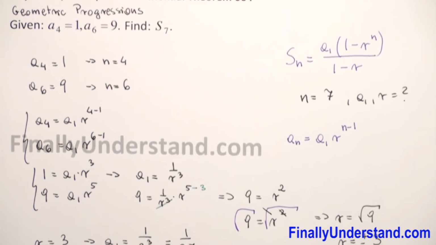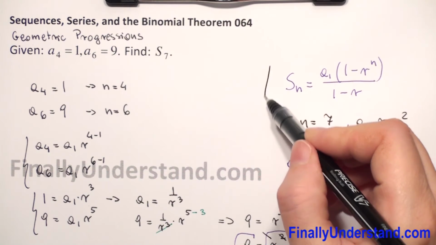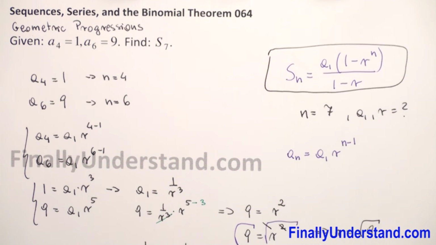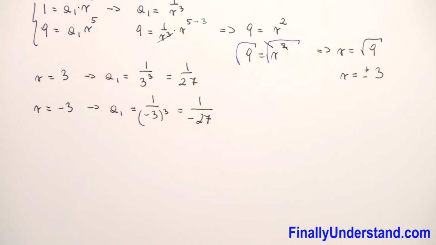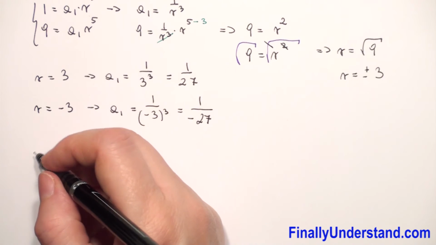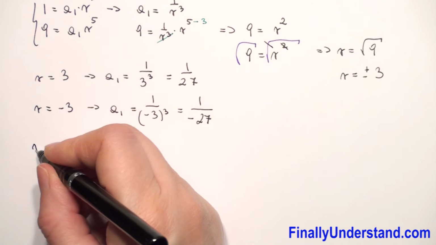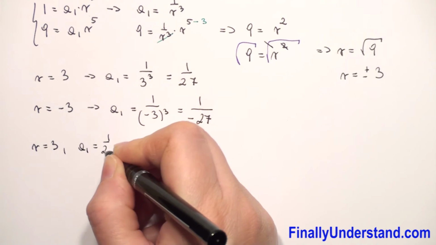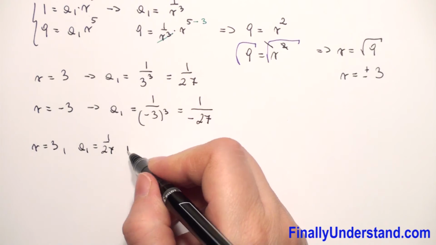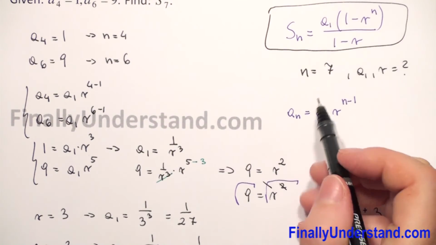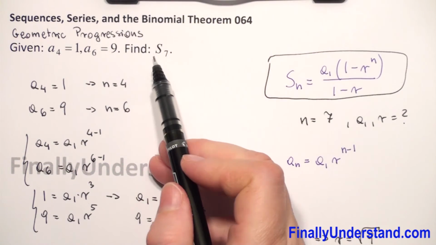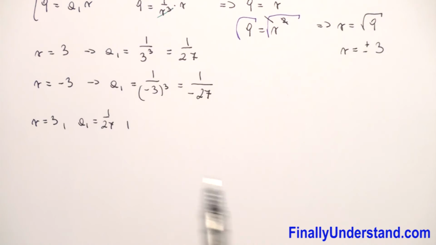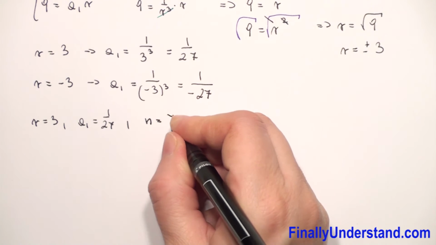We will use this formula for the sum of the first n terms of a geometric progression. First, the sum for r equals 3 and a1 equals 1 over 27, and like I said, it will be S7, because we have to find the sum of the first 7 terms. So n is equal to 7.